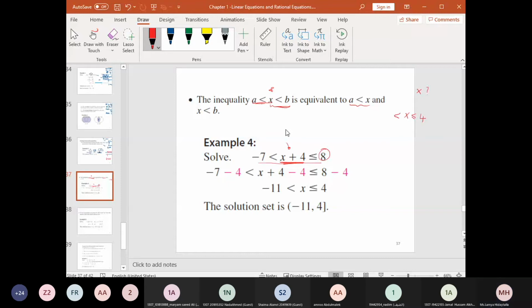And here minus 7, I also have to subtract 4, so it's going to be minus 11. So now this is my inequality. What is the meaning there? The solution is all the values of x such that x is greater than minus 11. This is the minus 11.